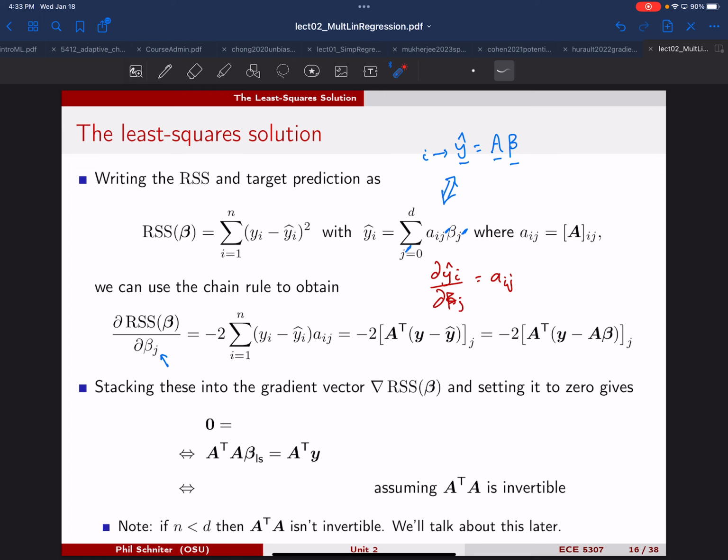To go a little more step by step, I can write this as the partial with respect to beta j of a ij beta j. This is what I got after I threw away all the other terms in the sum. And now you can see this is a very easy derivative to take. This is just a ij. And this is where we got this. This was that last step in the chain rule.